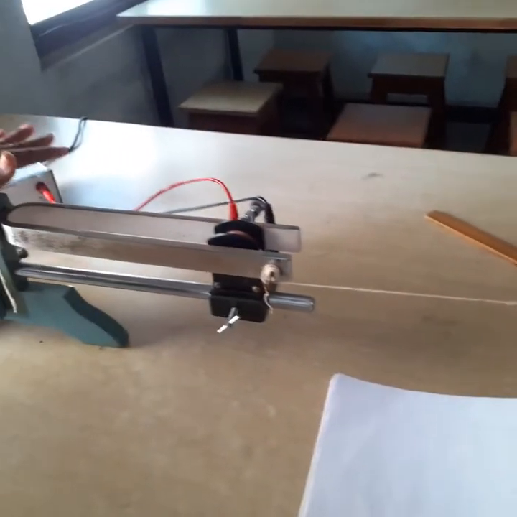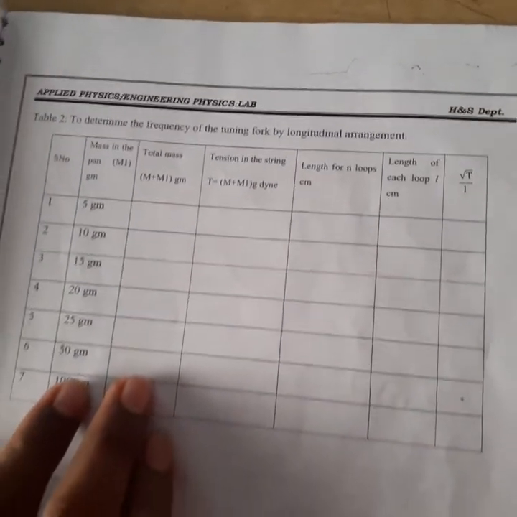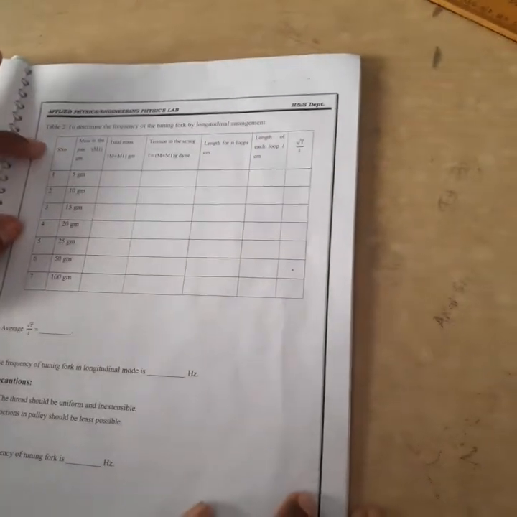In this mode also, we have to calculate the root T by L value from this tabular form, with the same procedure as the longitudinal method.